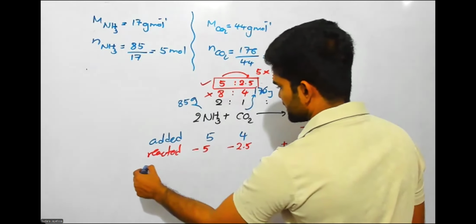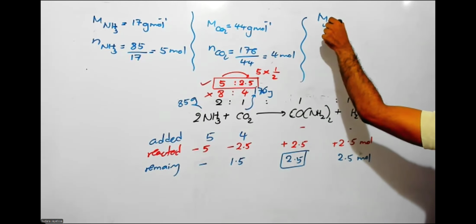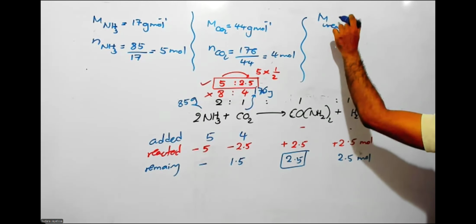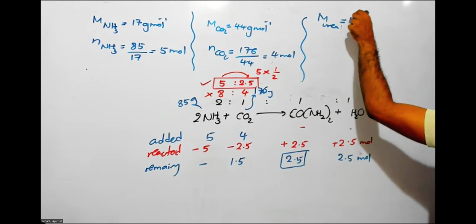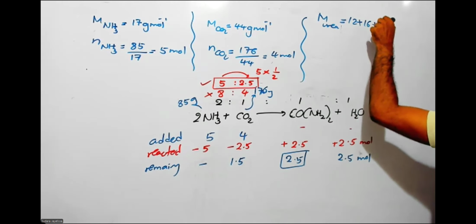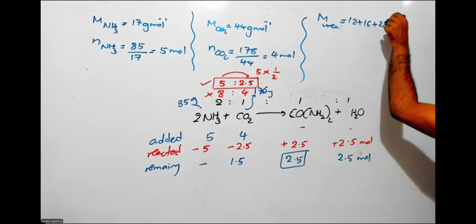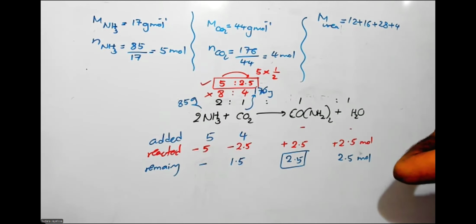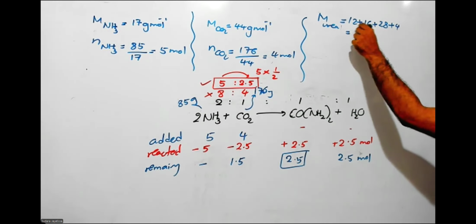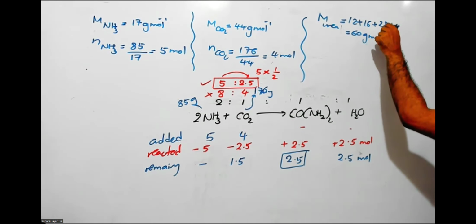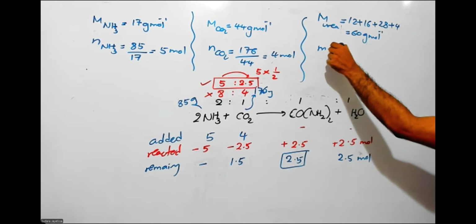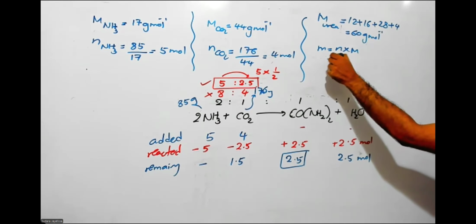Then to get the theoretical mass, we need to find the molar mass of urea. So capital M of urea: you have a carbon atom, oxygen atom, 2 nitrogen atoms and 4 hydrogen atoms. If you add them, you will get 60 gram per mole. Then to find the mass, multiply the moles by molar mass.